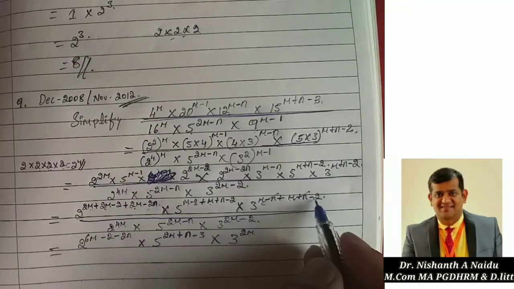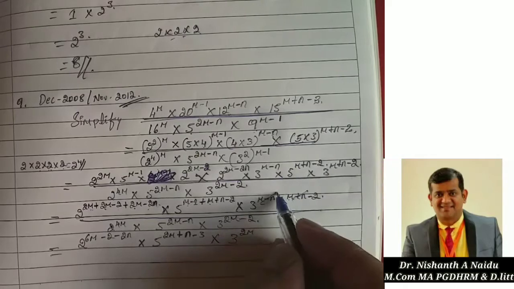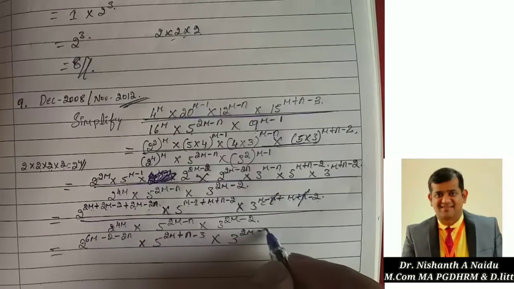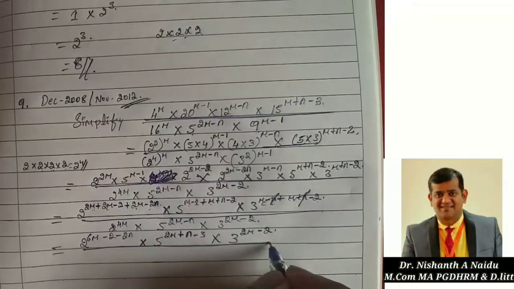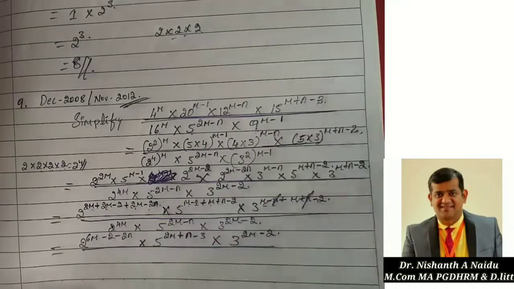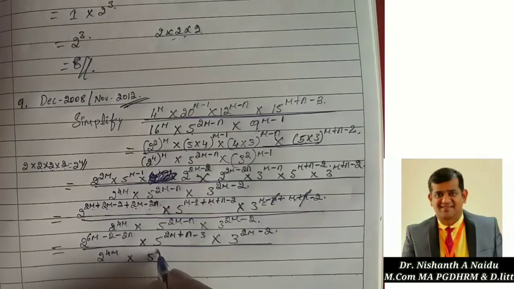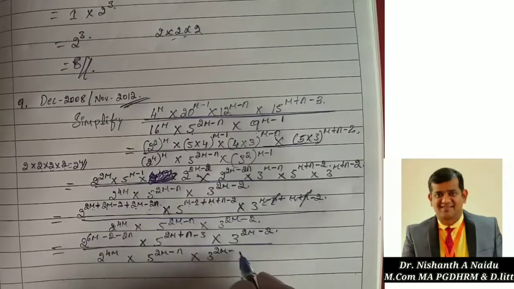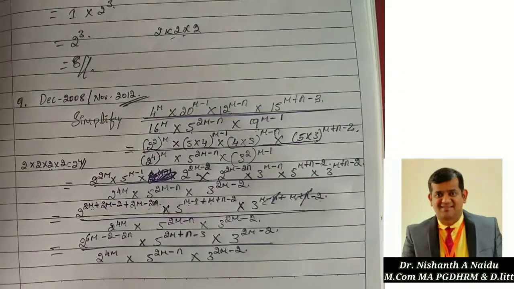Then we have minus 2, and plus n minus n you can cancel it. So plus minus n plus n I am cancelling. So then we have minus 2 over here. Okay. So divided by 2 to the power 4m into 5 to the power 2m minus n into 3 to the power 2m minus 2. Clear?